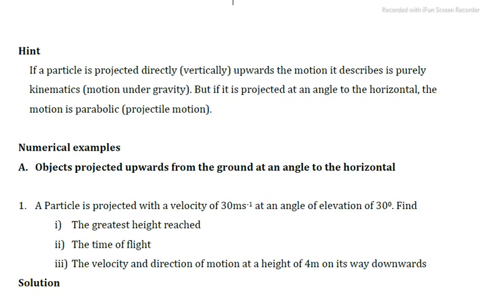Number 1 says a particle is projected with a velocity of 30 meters per second at an angle of elevation of 30 degrees. We are supposed to find the greatest height reached, the time of flight, and the velocity and direction of motion at a height of 4 meters on its way down.